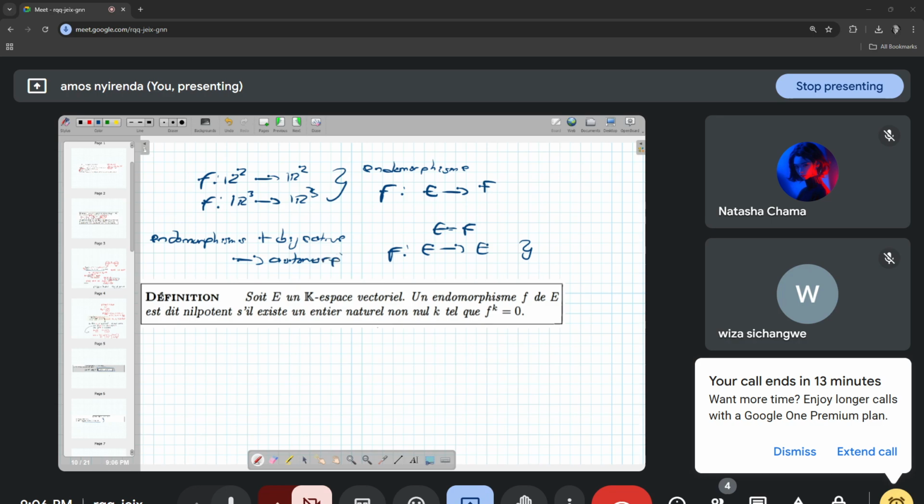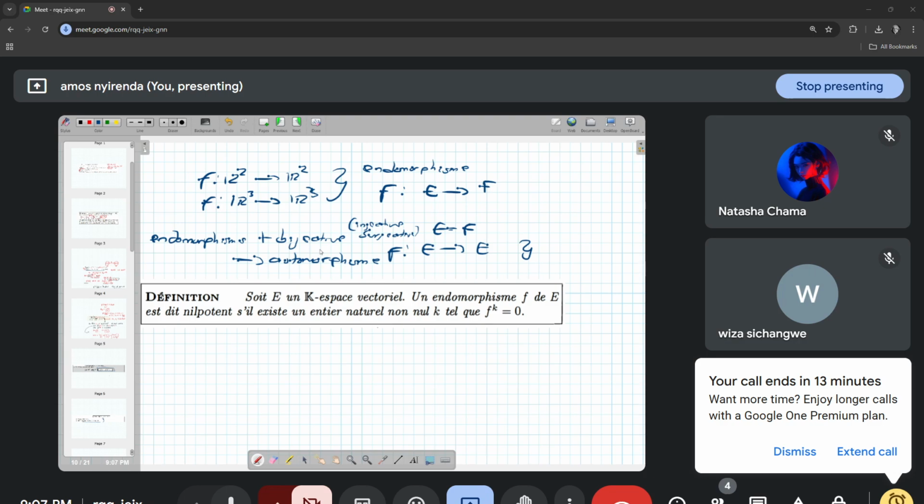Now, bijective means what? Injective and surjective. So in linear algebra, we'll look at how you can show that a linear mapping is injective, or that a linear mapping is surjective. We'll look at how we'll be able to arrive at those conclusions in linear algebra.